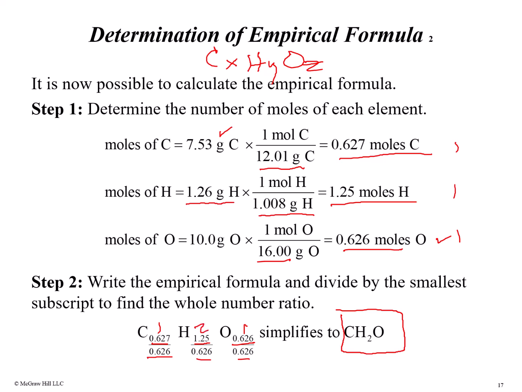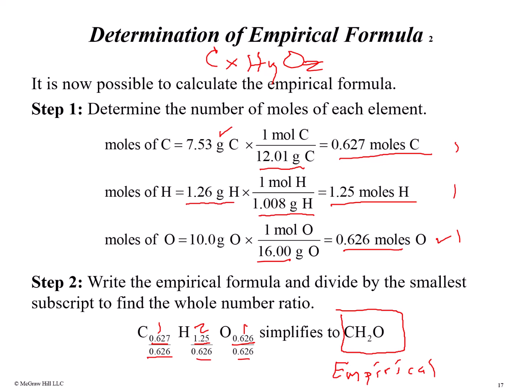This is called the empirical formula. The empirical formula is the simplest whole number ratio between elements in a compound. Now, we've talked about empirical formula before.